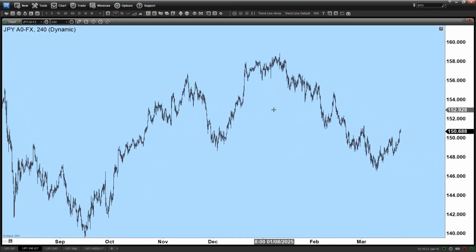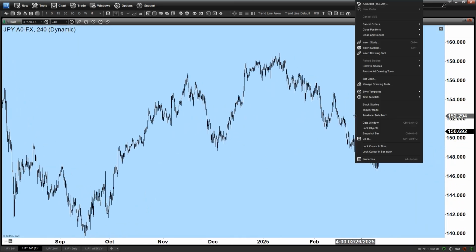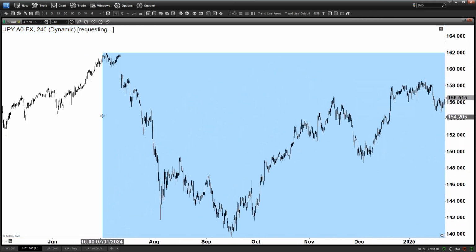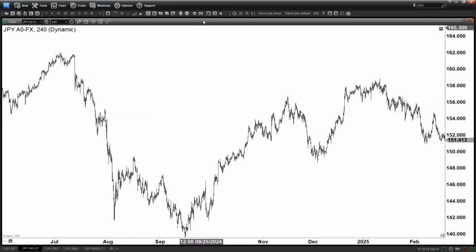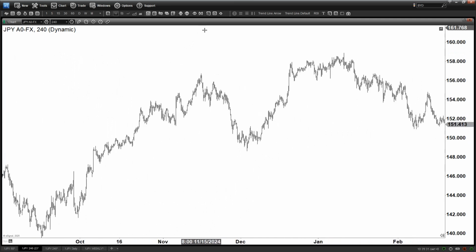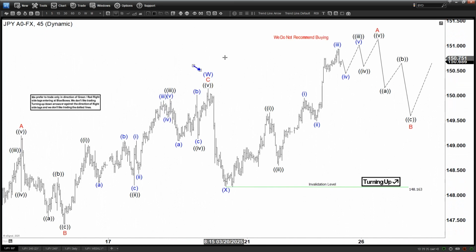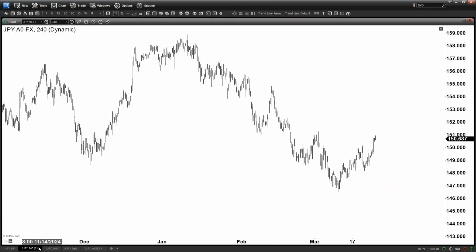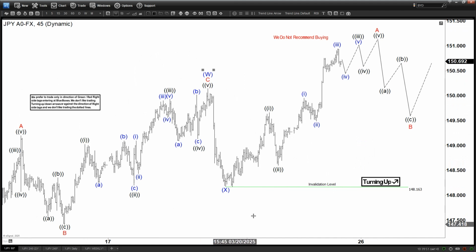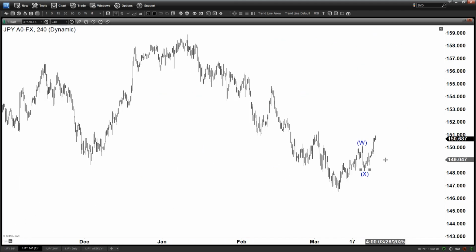let's fill in some of the labels here, and we can copy from the 45 minutes this W and X here. That's this one over here. So we're looking for the rally WXY in the 45-minute time frame, and in the 4 hour that's basically the rally.